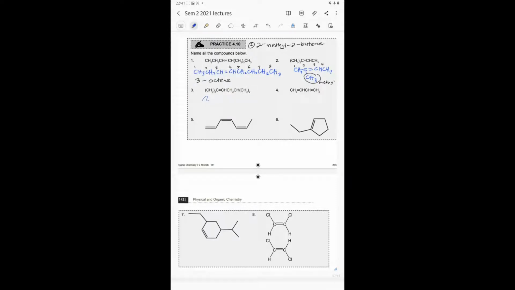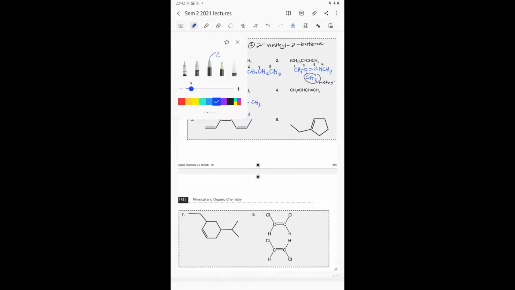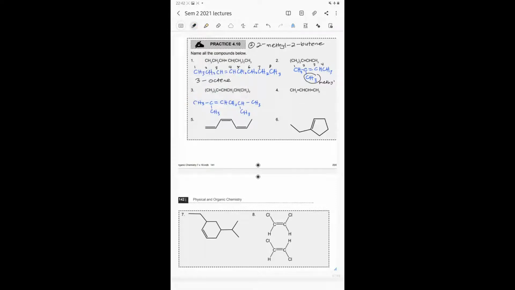We open up the structure, so it becomes like this. Now let's give the number. Remember, the functional group must get the lowest number. The functional group here is the C double bond C, so we start from the left: 1, 2, 3, 4, 5, 6.